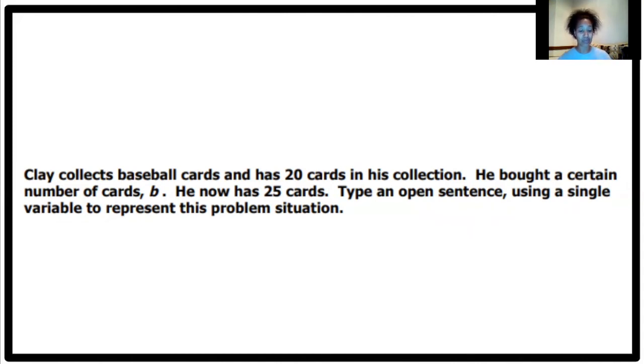If we're looking at the information that we do know, we know that he has some cards and he bought some more. So we're adding to what we had. So that scenario should be an addition equation. The best addition equation you could have written would have been 20 plus b equals 25.